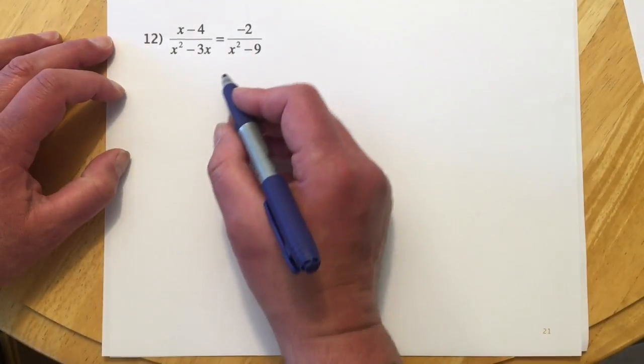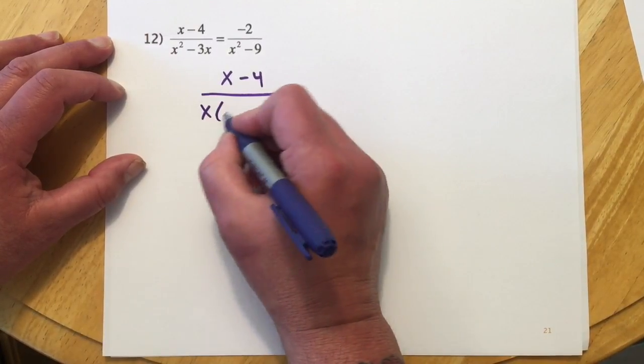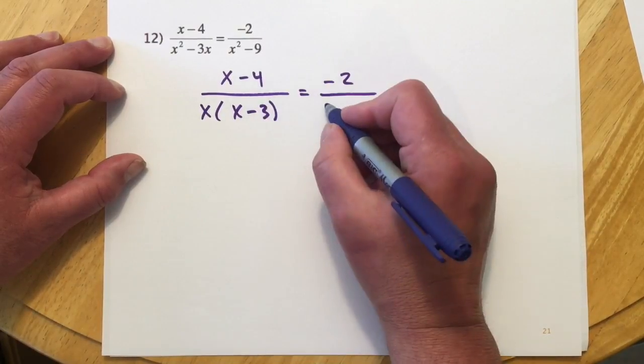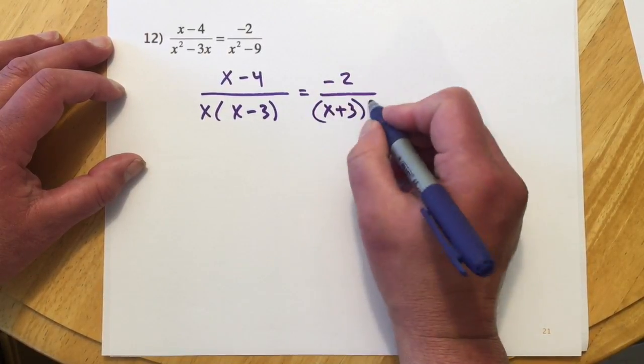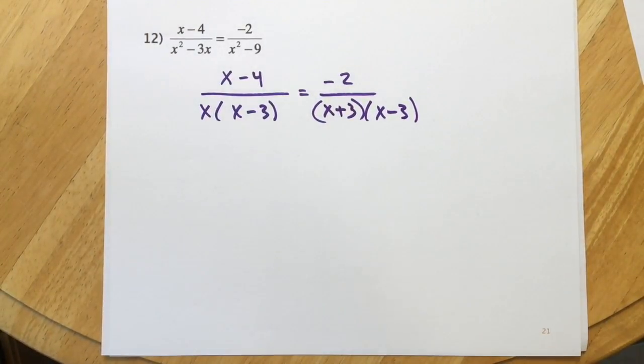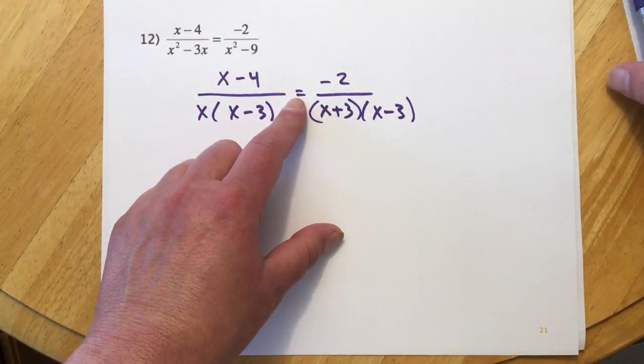Okay, number 12. So we'll do a little factoring. x minus 3 equals negative 2. This side's going to be x plus 3, x minus 3. So looking at this, I want to clear fractions because of the equal sign.